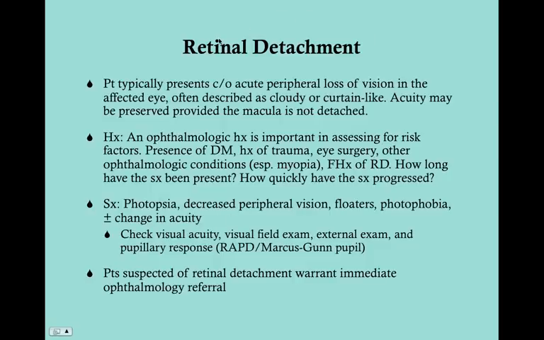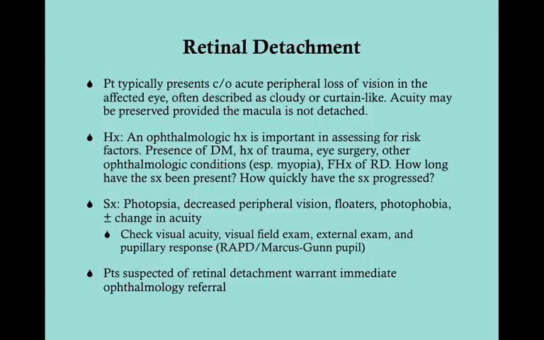What you're focusing on is your central vision. So this starts as an acute peripheral loss of vision in the affected eye. A lot of times a patient will describe the area of loss as cloudy or curtain-like.